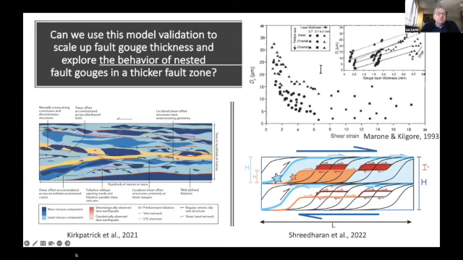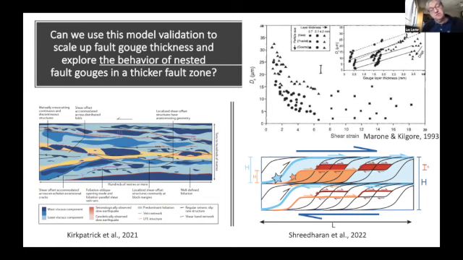The idea is to see if we can reproduce this kind of behavior, motivated by the observation in the lab that D_c can scale with the thickness of fault gouge. Also the geological observation of complexity: a thick shear zone containing a thinner shear zone, and an even thinner and shorter shear zone.